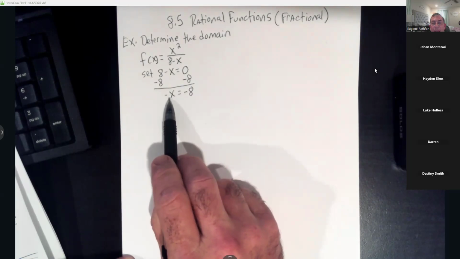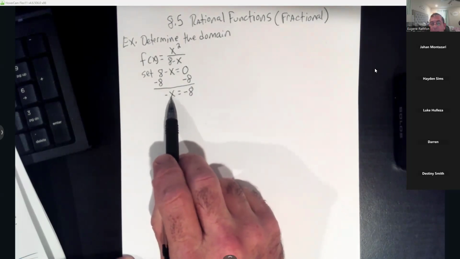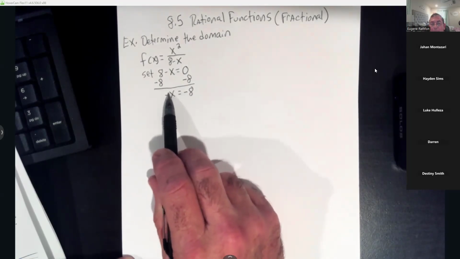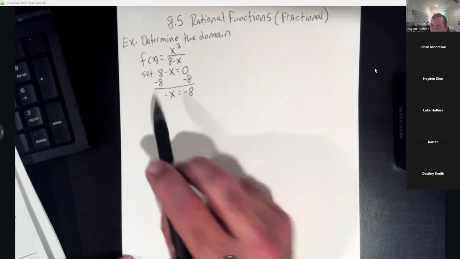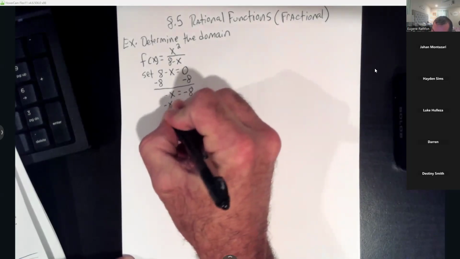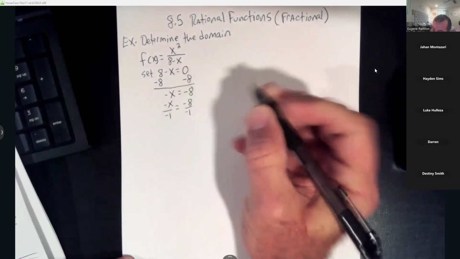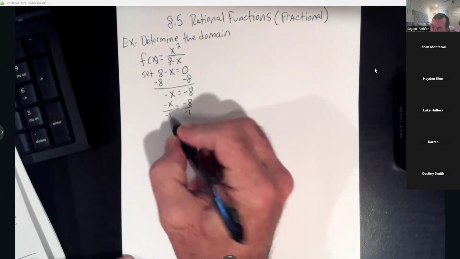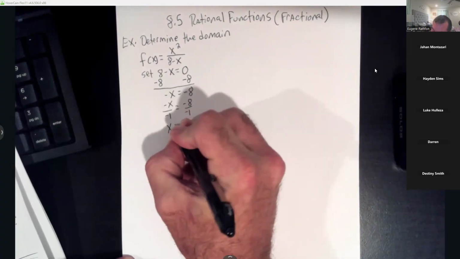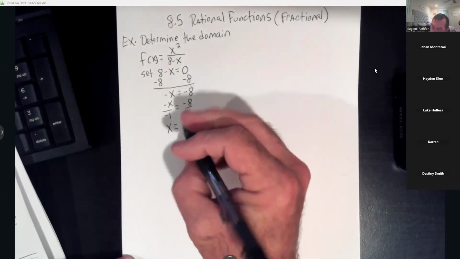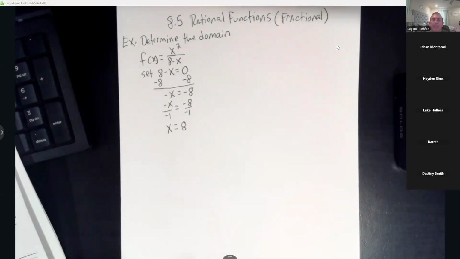All right, so one more step. We don't want this x to be negative, so we divide it by the number in front of it, which is technically a negative 1. So we'll divide both sides by negative 1. So negative x divided by negative 1 makes that a positive x. And then over here, negative 8 divided by negative 1 makes that a positive 8.